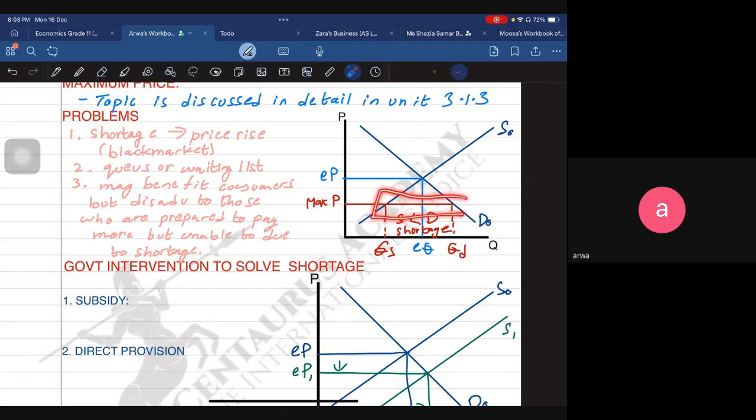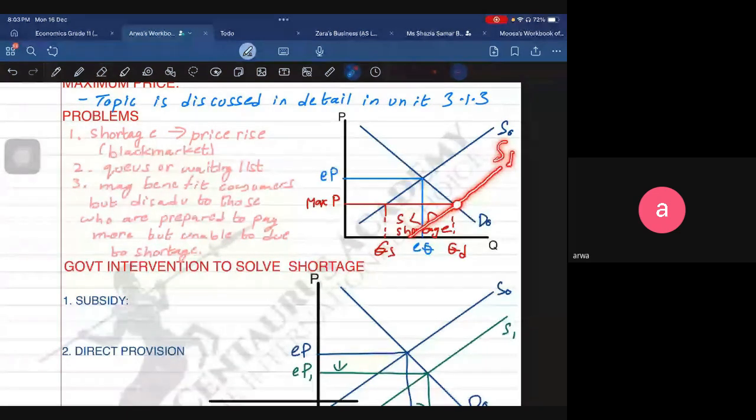How can this maximum price be set? You cannot just ask the producer to charge a lower price. You will have to give him the incentive to do that, no? So when you give him the incentive, this is the subsidy.